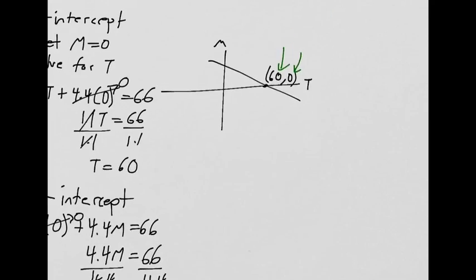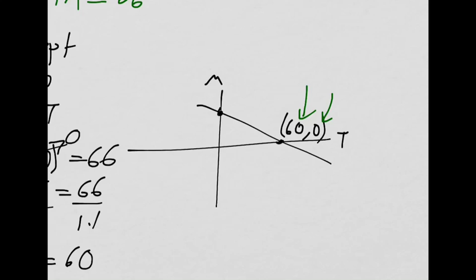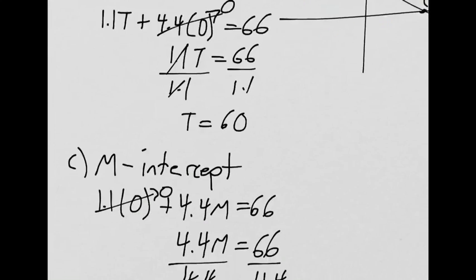Okay, so the m-intercept is this point right here, (0, 15). And what does that point represent? Well, if Spencer only wanted movies, the maximum number of movies he could afford to put in his disk would be 15, and no room left over for TV shows. Okay.